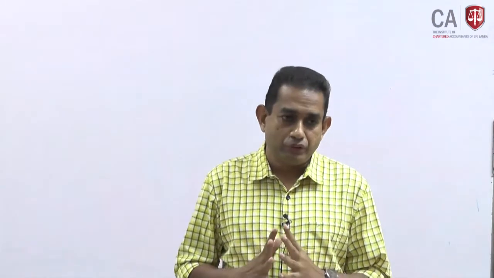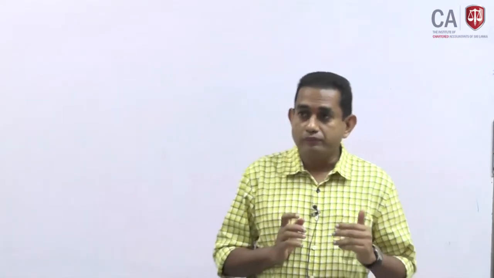So, this is the continuation of the previous discussion on SLFRS 8. We discussed operating segments. SLFRS 8 defines two kinds of segments, that is operating segments and reportable segments, and in the first video we took up the discussion of operating segments.